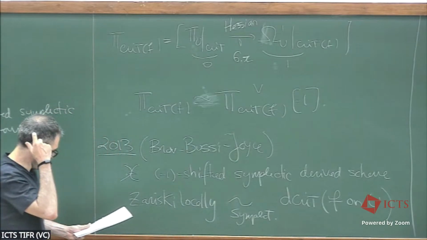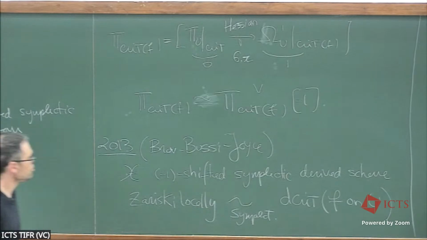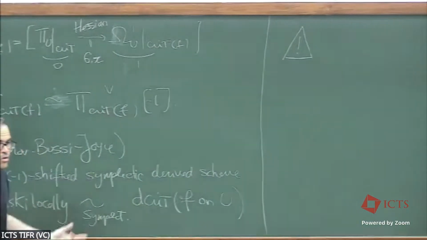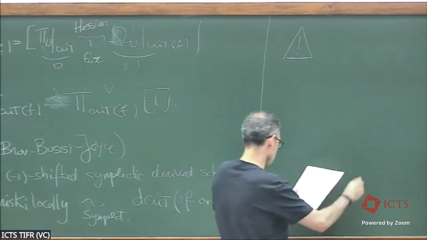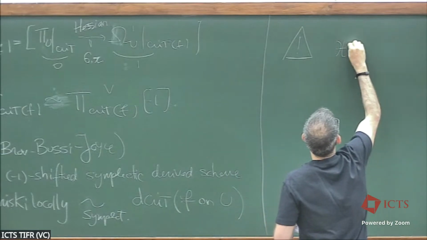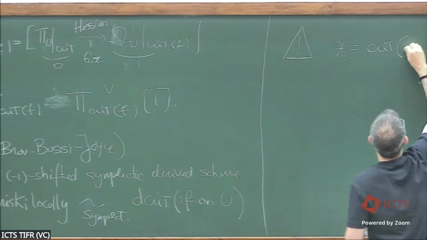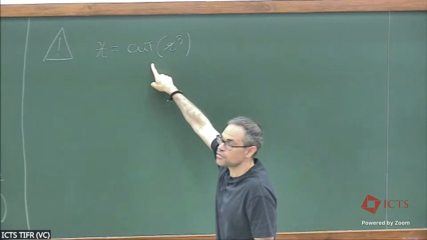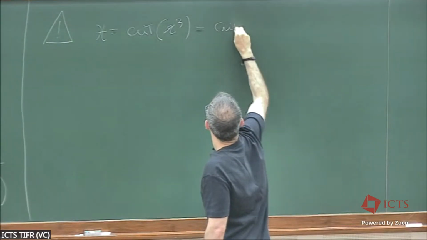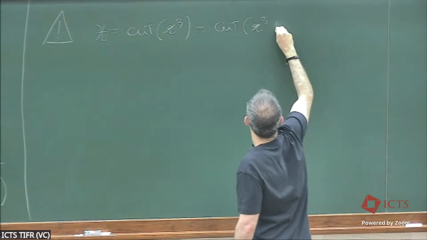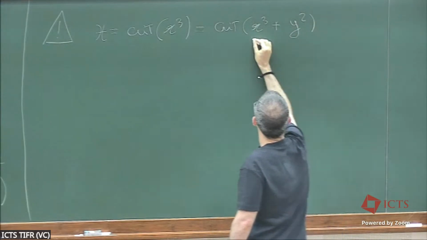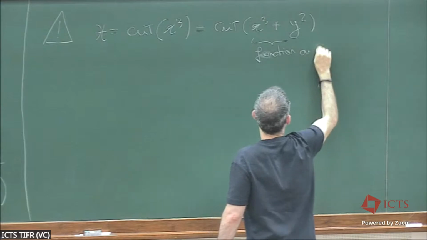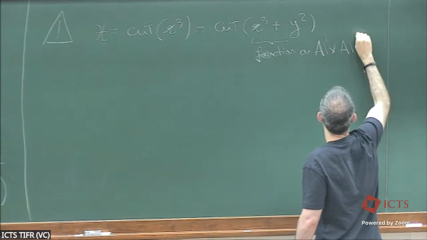And so the moment we have this theorem, we also have to realize that these models are not unique. For instance, already if X is the critical points of x to the cube, to start with, it's already of the form critical points of something, but actually I can just add a quadratic variable, and this becomes a function on A1 times A1.